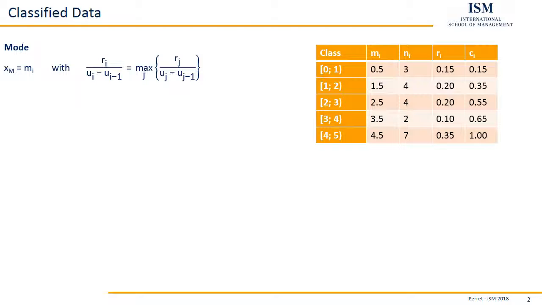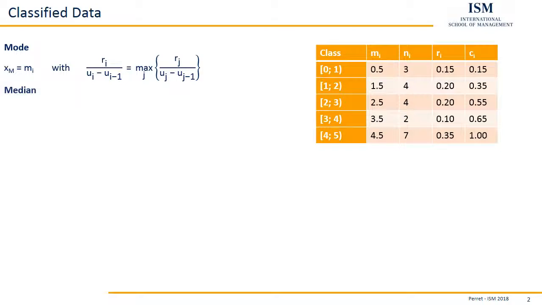So there we first have to check, and then if we found the class with the largest relative frequency divided by class width, here in our example it's the class 4 to 5, then the corresponding MI gives our mode. So here our modal class is 4 to 5, and our mode therefore is 4.5. So this is relatively easy.